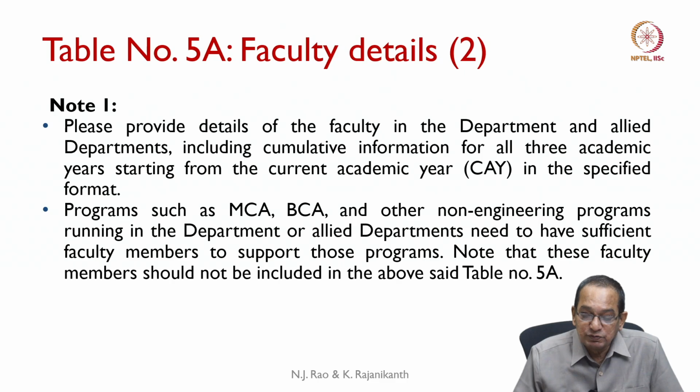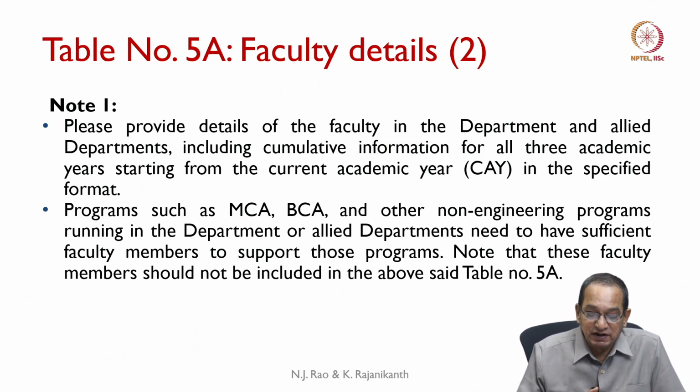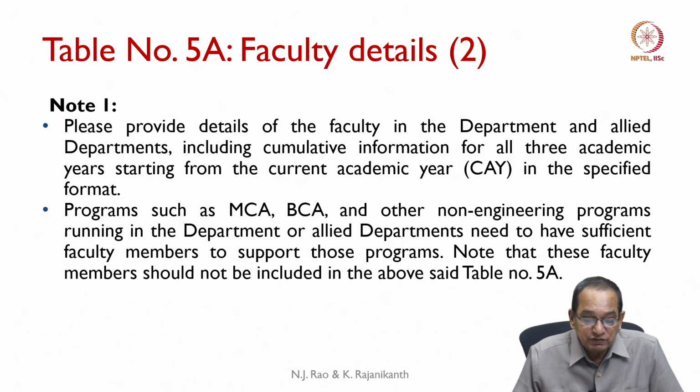So, the cumulative information for all the 3 academic years starting from the current academic year in the specified format. And non-engineering programs like MCA or BCA or any other kind of program, BSc for example, if they are being run in the department or allied departments, please do not include the data of such programs in this data.